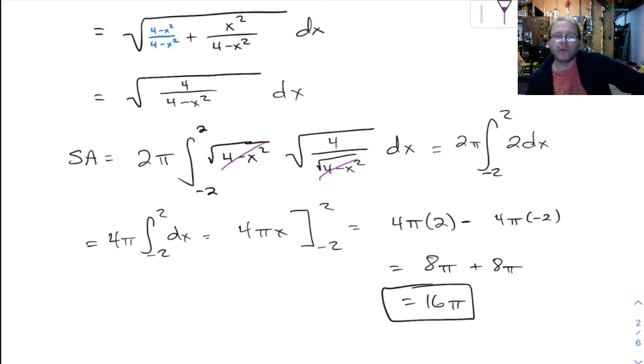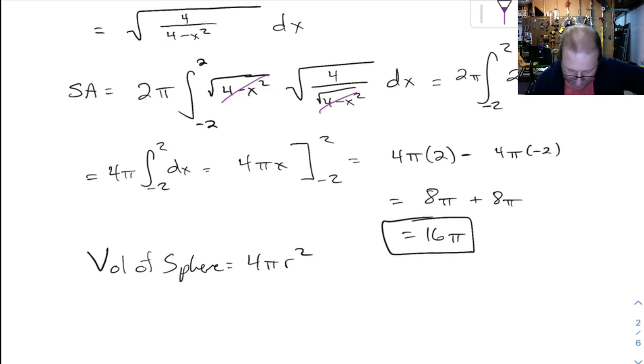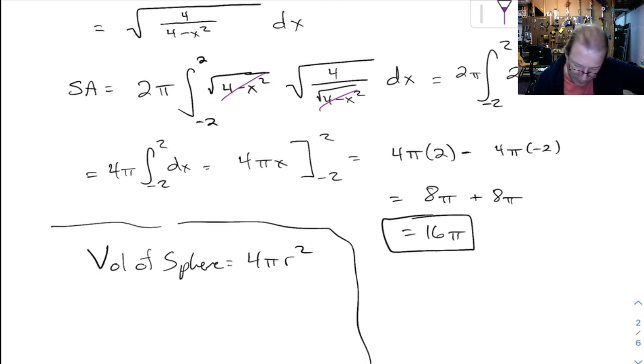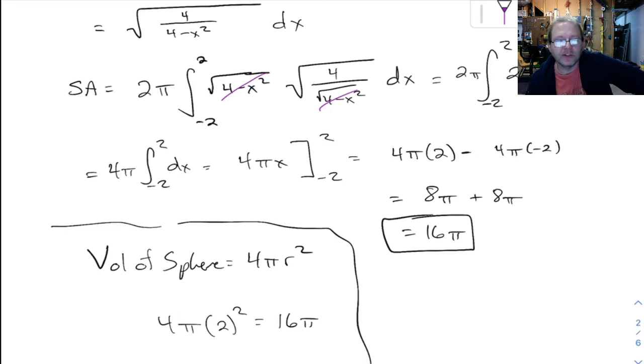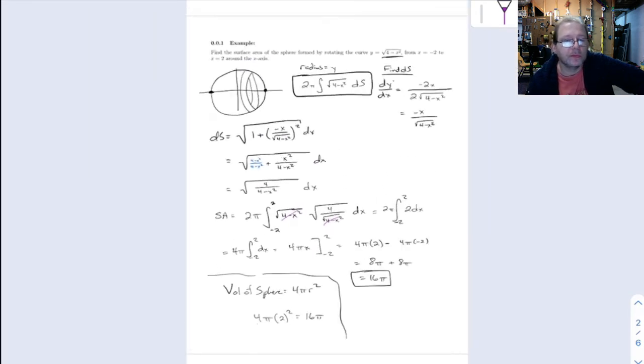And if you know the formula for the surface area of a sphere, it's 4 pi r squared. If you plug in, the radius here was 2, you get 4 pi times 2 squared, 16 pi. So this example gives us something that we could do if we already knew the formula.